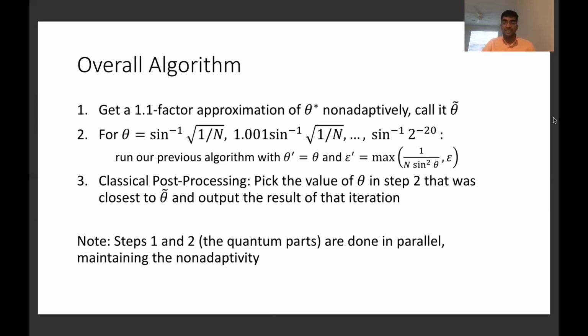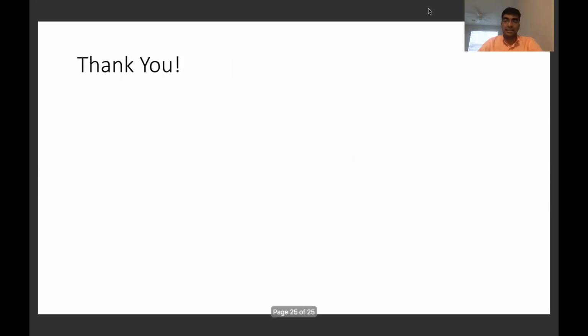This is how, maintaining the non-adaptivity, we can produce an estimate of theta star and hence k to a factor of 1 plus epsilon with optimal query complexity. Thank you very much for your attention.